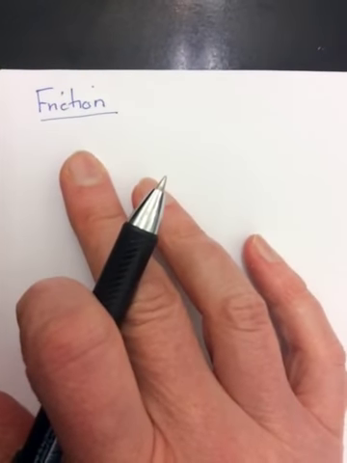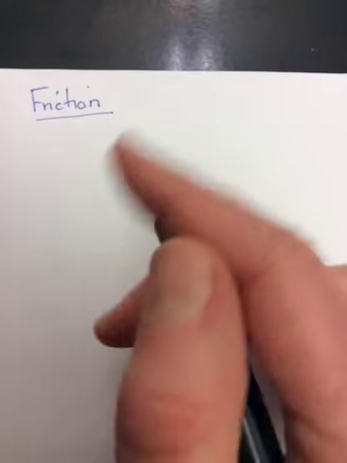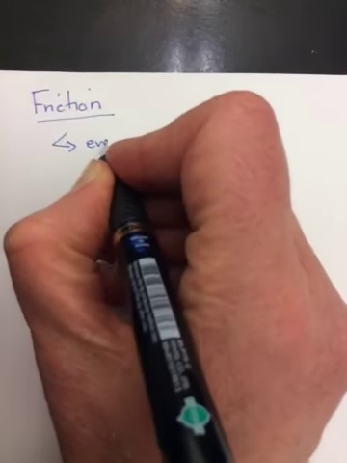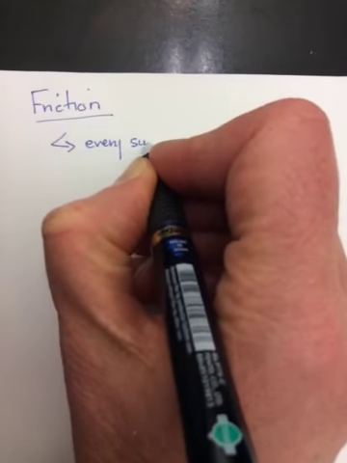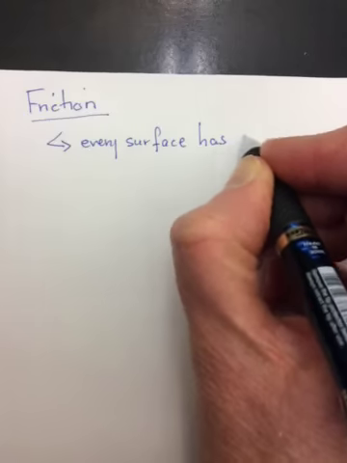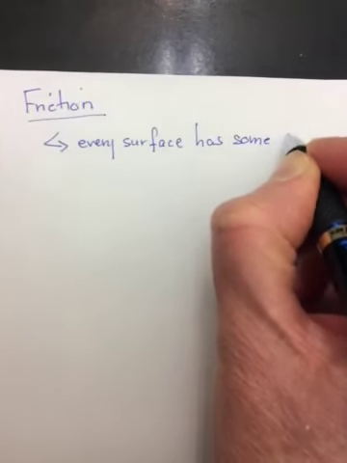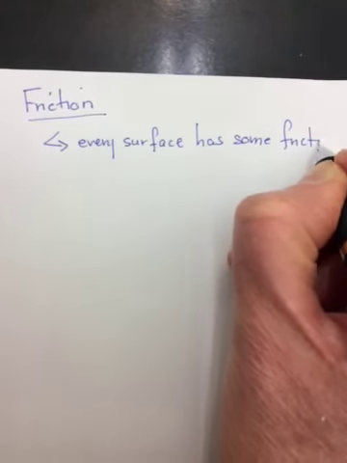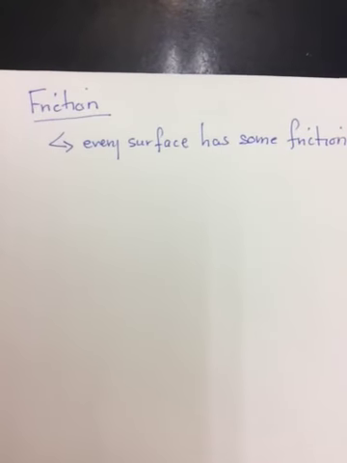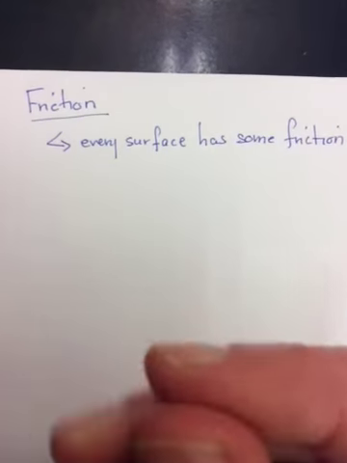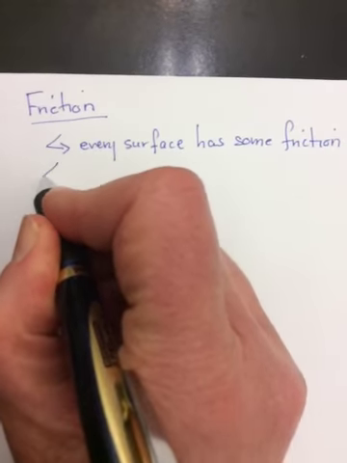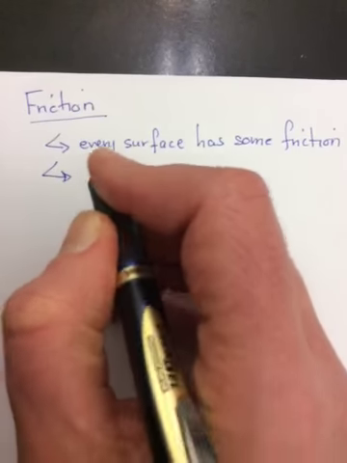So, what do you know about friction? Well, hopefully you know that every surface has some friction. How much each surface has depends upon the texture of the surface. Rougher surfaces are going to have more friction. Smoother surfaces are going to have less.